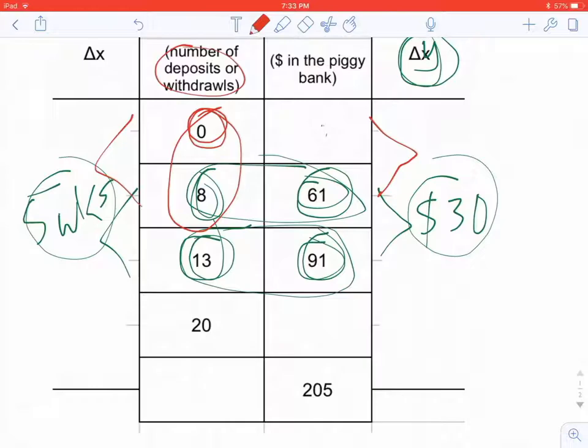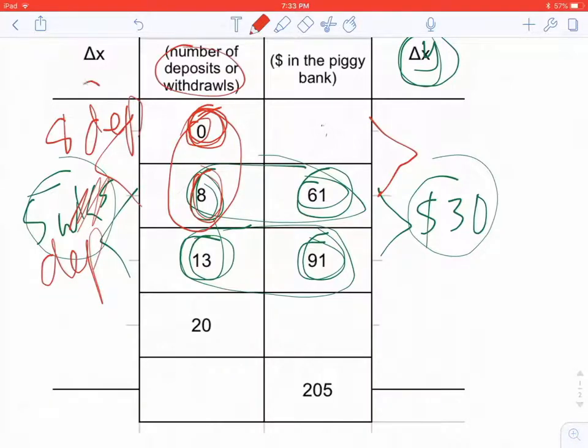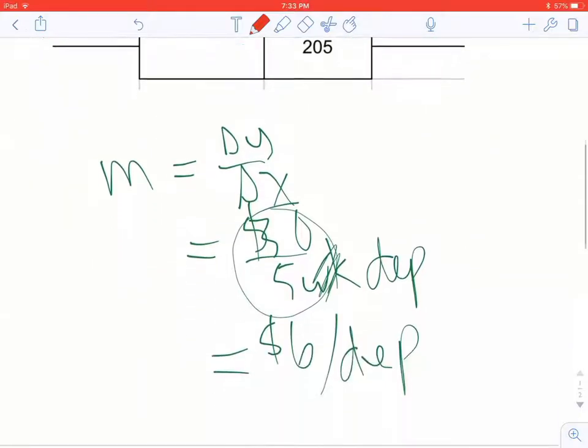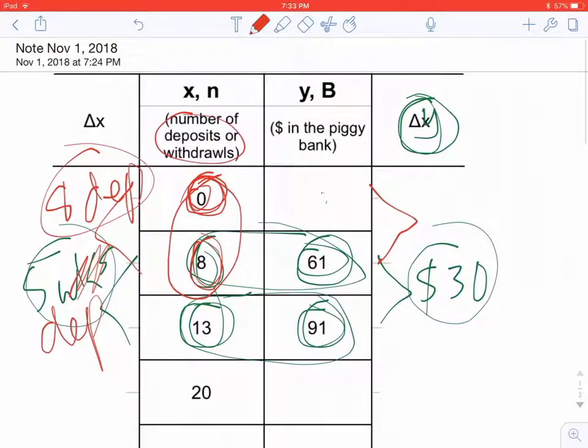Well, what I know is that from 0 to 8 weeks, that's an increase of 8, whoops, I shouldn't be saying weeks, 8 deposits of money. So there were 8 deposits, and we figured out that every deposit is worth $6.